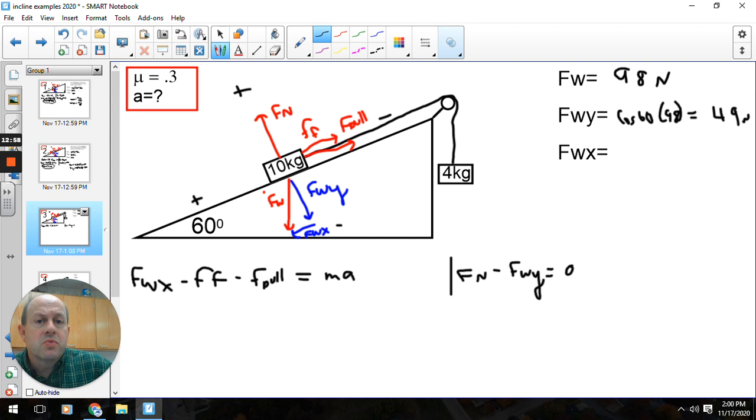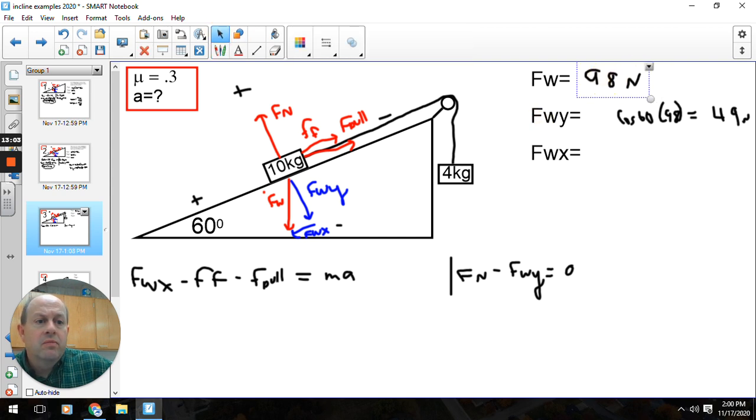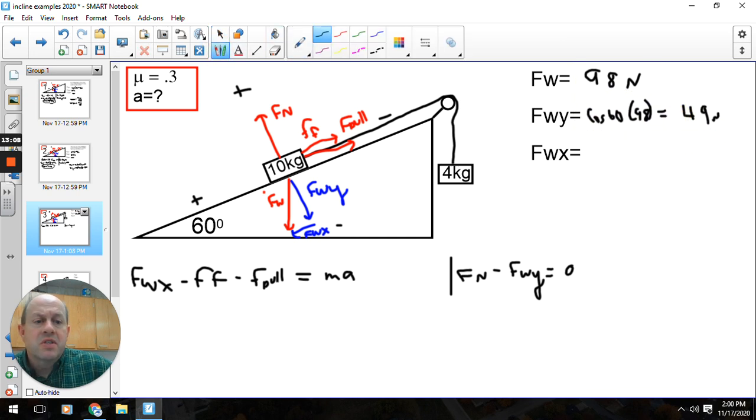And then force weight x is going to be the sine of 60 times 98, our force weight. Sorry, not 9.8, let's fix that. So sine of 60 times 98, and that will give us 84.9.